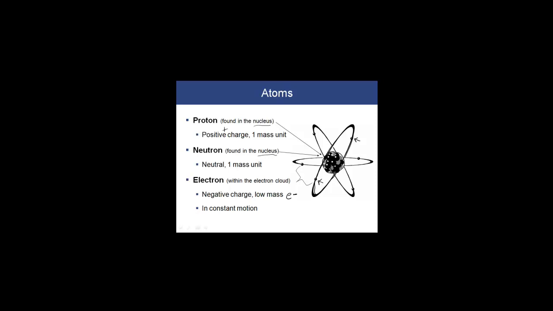We know that protons are positively charged and electrons are negatively charged, and in the famous 1980s lyrics of Paula Abdul, opposites do attract. So the electrons are physically attracted to the protons. That negative charge is physically attracted to the positively charged protons in the nucleus. And that is what holds atoms together. That is what keeps the electrons orbiting around the nucleus of the atom.